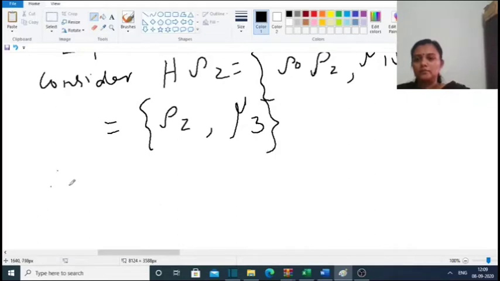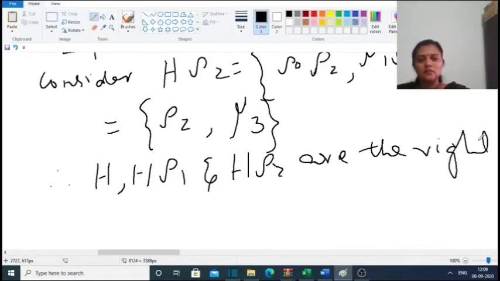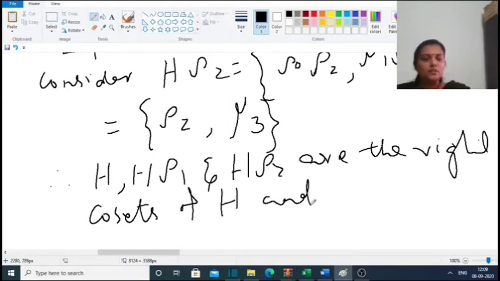Therefore, H rho 1 and H rho 2 are the right cosets of H, and they are disjoint.